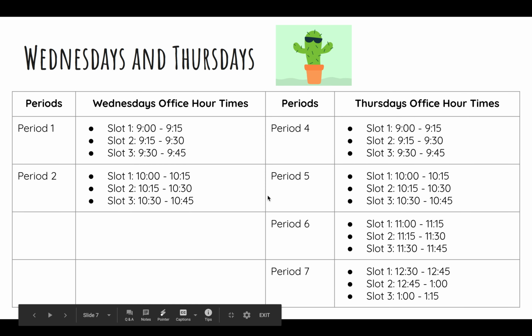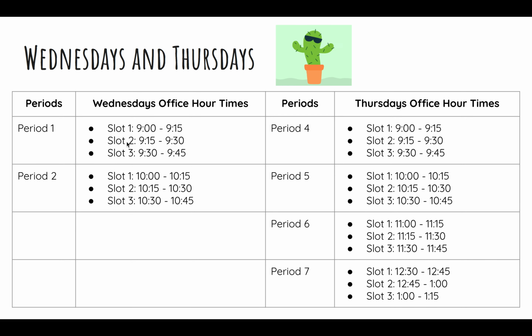There are 3 slots per period. On Wednesday, we have first and second period for my class, because I don't teach a third period, but third period for your other classes would be after the period 2s. Wednesdays are periods 1 and 2, and Thursdays are periods 4, 5, 6, and 7.